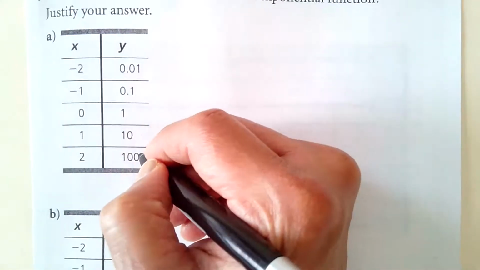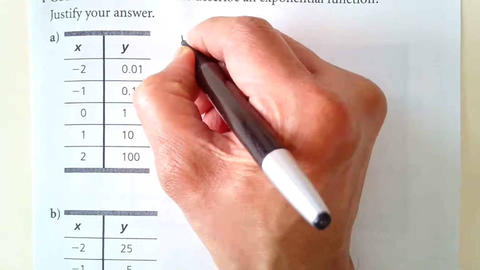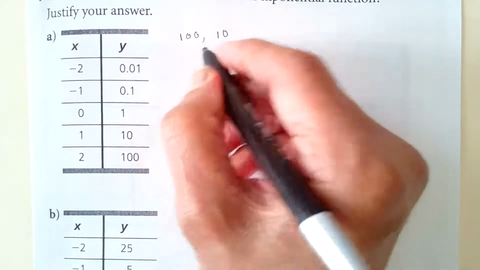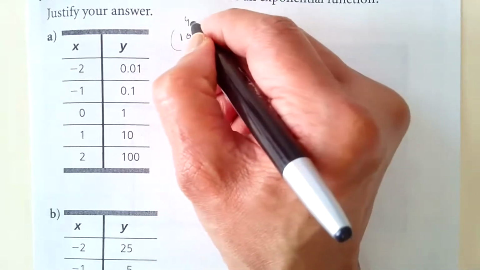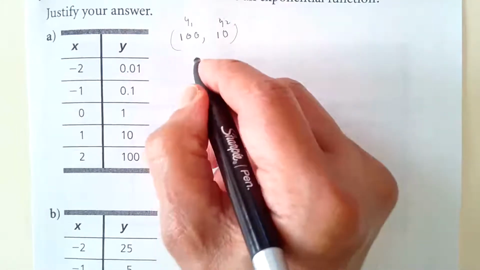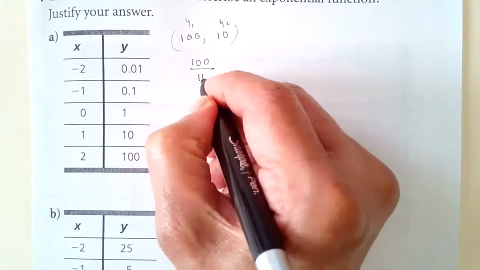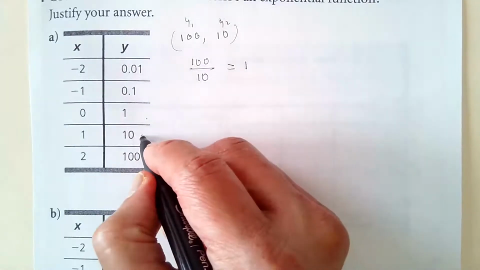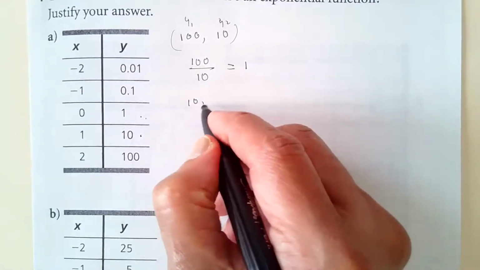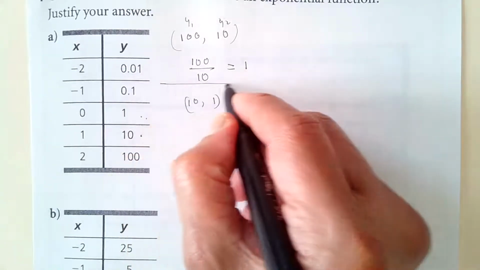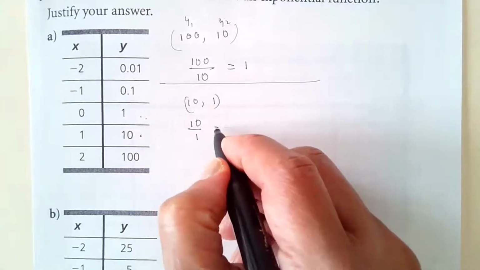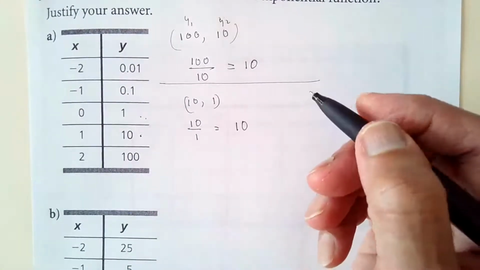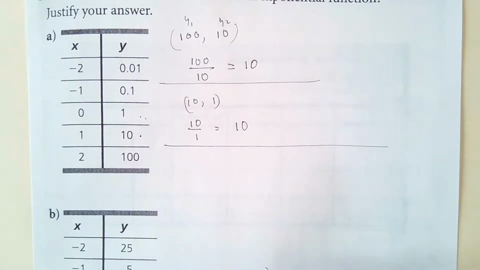We have 100, and the next one is 10. So these are my y values. So the ratio is 100 over 10, which gives me 10. Let's look at the next one. We have 10 and 1. 10 over 1 is 10. And if you're not convinced yet, let's look at the third one.